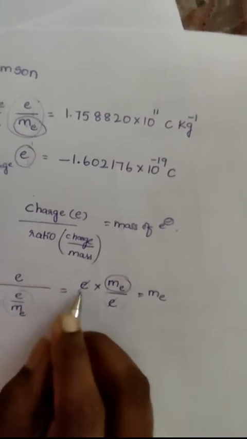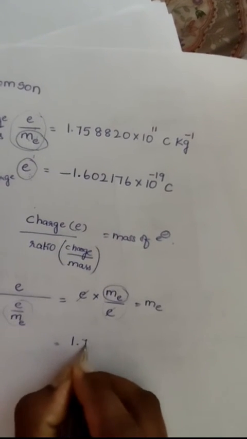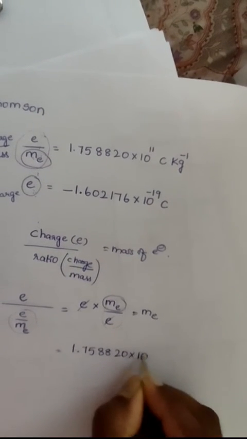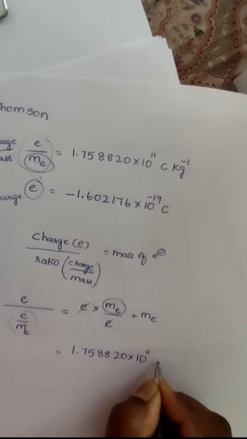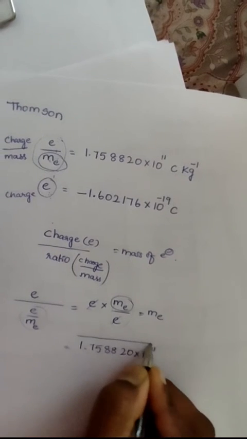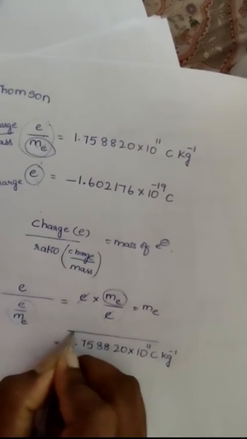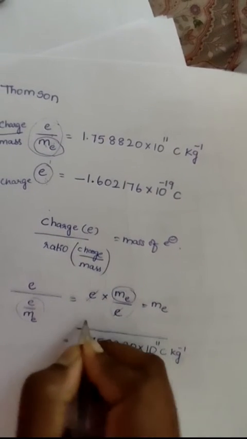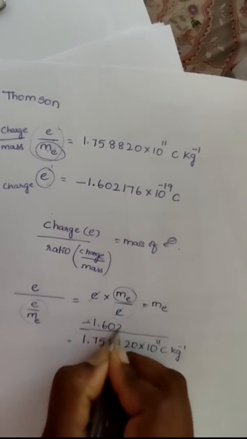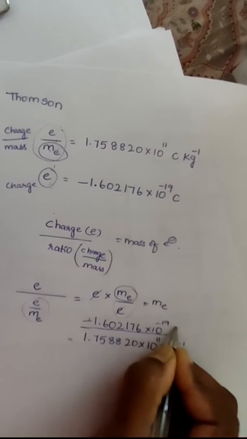Similarly, the charge by mass ratio is 1.758820 into 10 power 11 coulomb per kg, and the charge of the electron is minus 1.602176 into 10 power minus 19 coulombs.